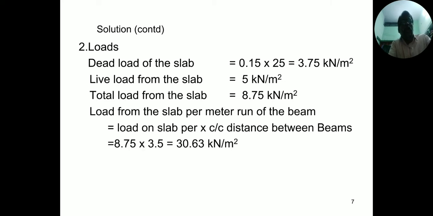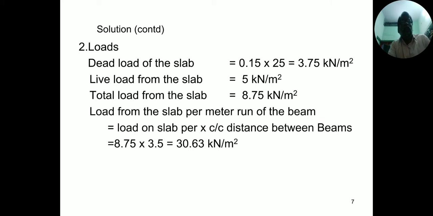That is the load on the slab, 8.75 into 3.5. Load from the slab for meter run of the beam is 30.63 kilonewtons per, not meter square, kilonewtons per meter.